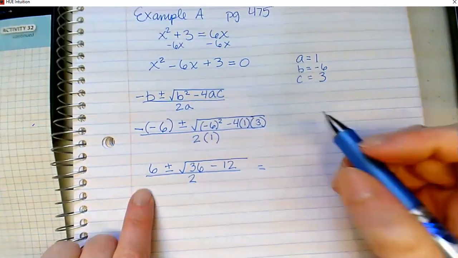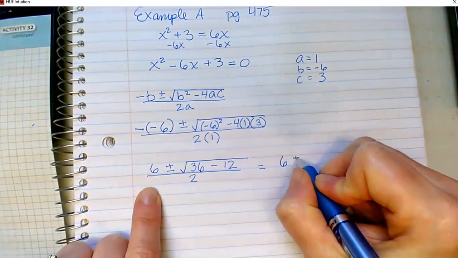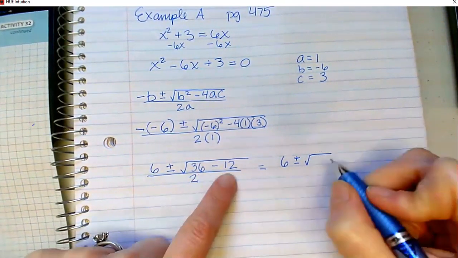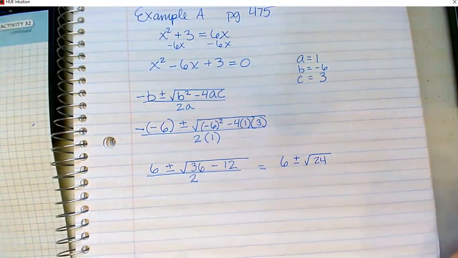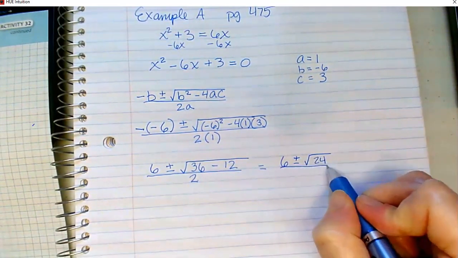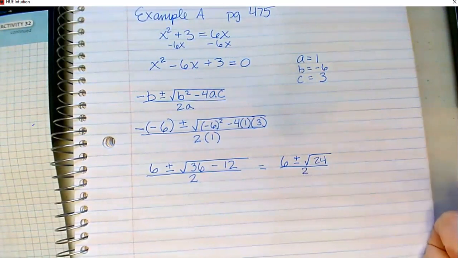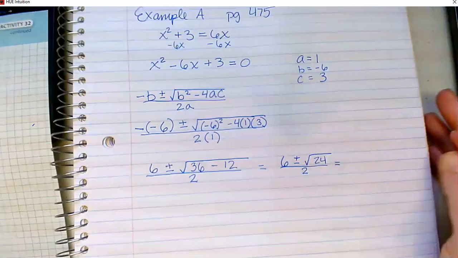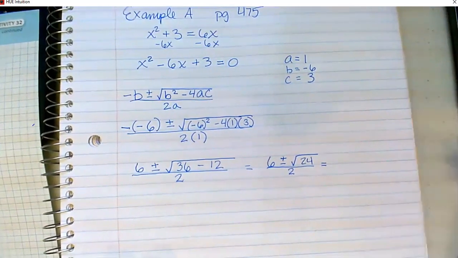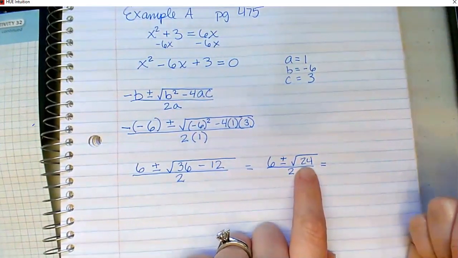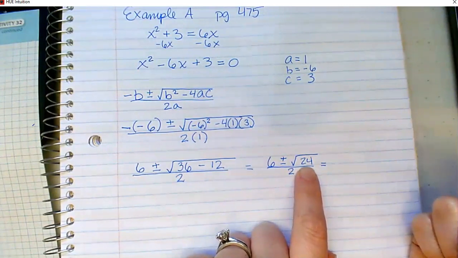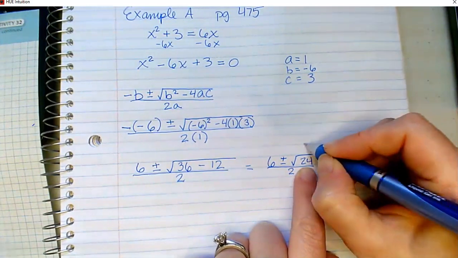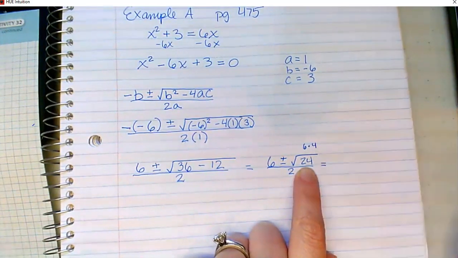I'm going to put equals. I'm going to bring over my 6 plus or minus the square root of. Now 36 minus 12 is 24. Oh man, 24 is not a perfect square. That's okay though. We do need to do a little bit of simplifying here, right? I can factor the square root of 24 into 6 times 4, and 4 is a perfect square.